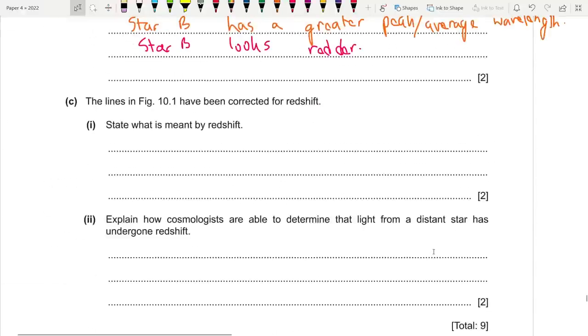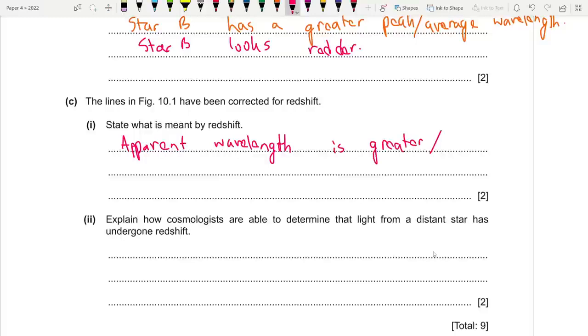So, what is redshift? Redshift is basically like this. The apparent wavelength is greater, or you could say that the wavelength is greater than the known value.